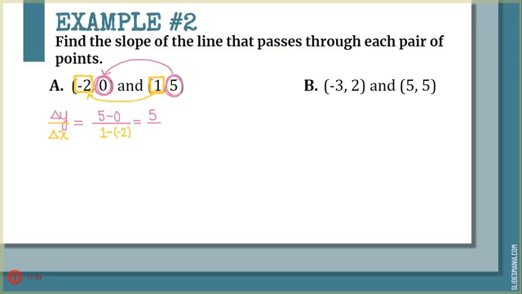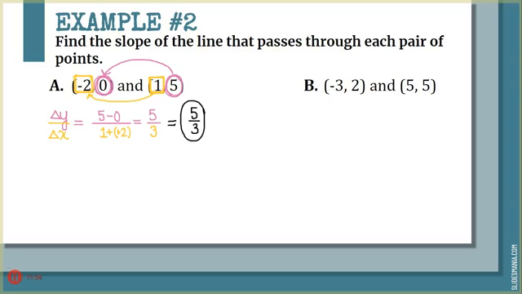And remember, minus a negative really means to add a positive. So we're really looking at 3. So my rate of change is equivalent to 5/3. You do not have to write it as a mixed number or a decimal. You just have to make sure it's in simplest form.